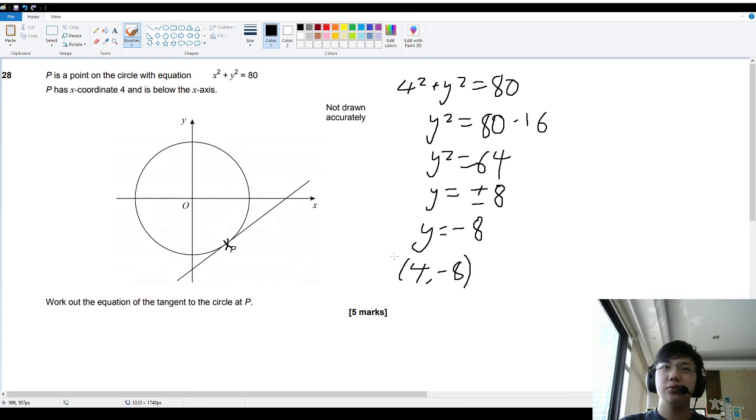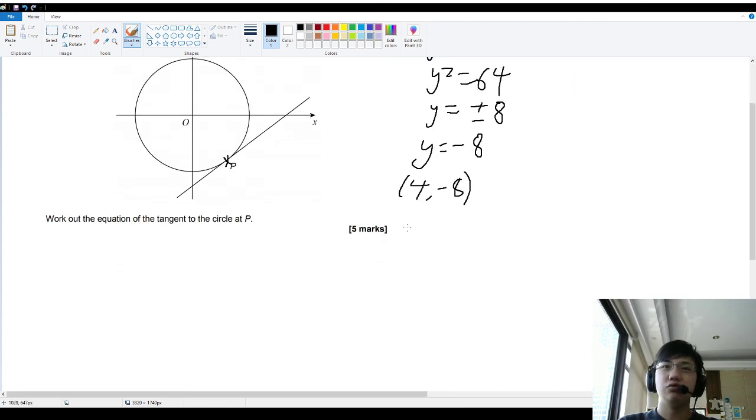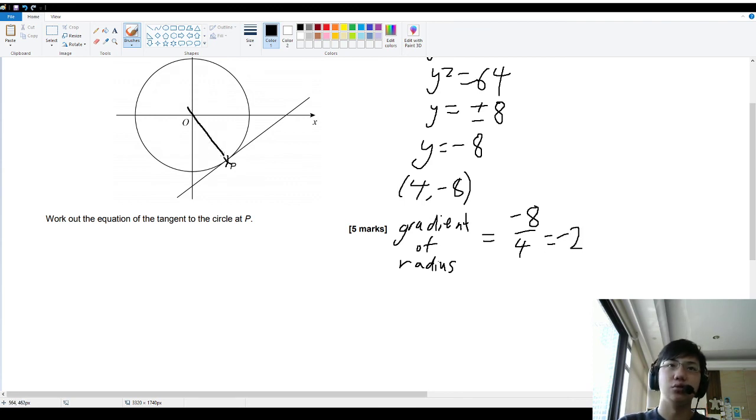Using this coordinate, we can find the gradient of the radius. So rise over run. So negative 8 over 4 gives us negative 2, which is the gradient of the radius here.